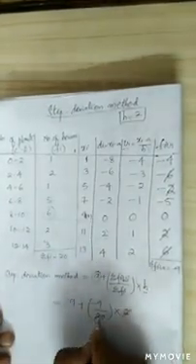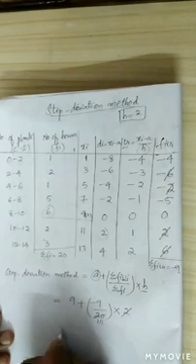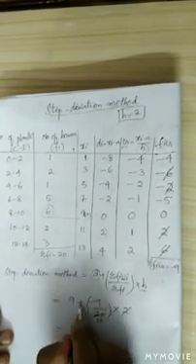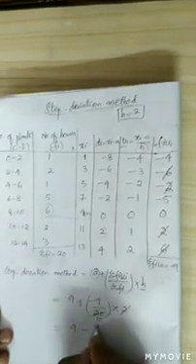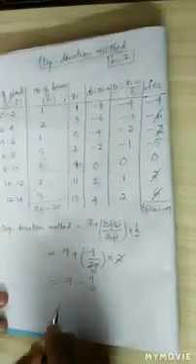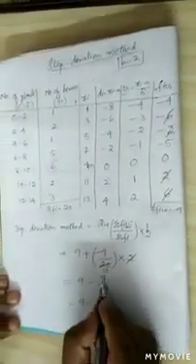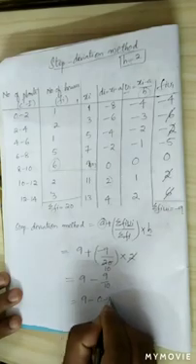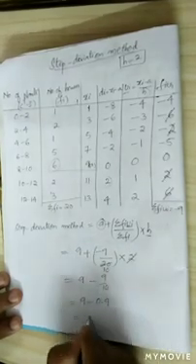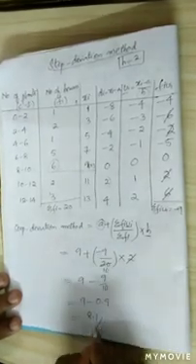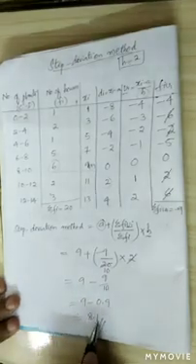So 2 tens are 20, and we are just going to get 9 by 10, plus into minus gives minus. When you divide 9 by 10, it's going to be 0.9. So 9 minus 0.9 will be 8.1. Again we got the same answer, that is 8.1.